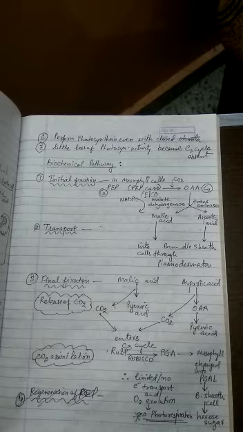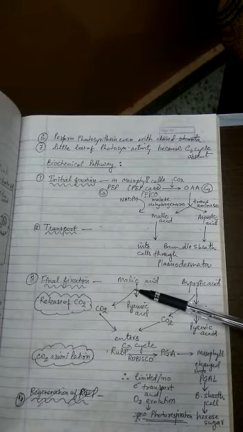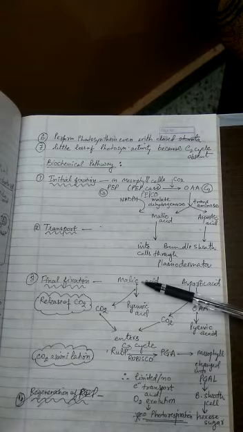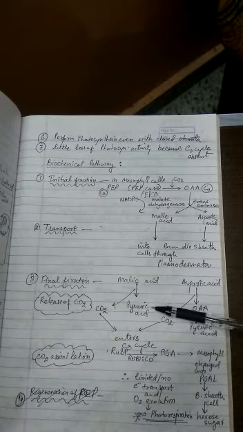Once transport gets over, inside the bundle sheath cell these acids undergo decarboxylation, or release of carbon dioxide. Once they liberate the carbon dioxide, it enters into the C3 pathway, and the 4 carbon compound has lost 1 carbon, so it becomes a 3 carbon compound which is called pyruvic acid.